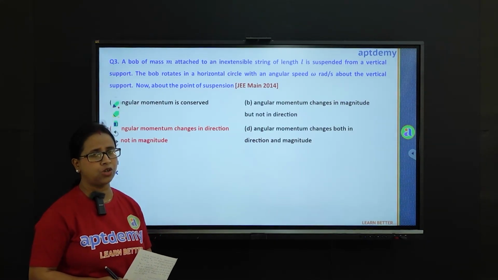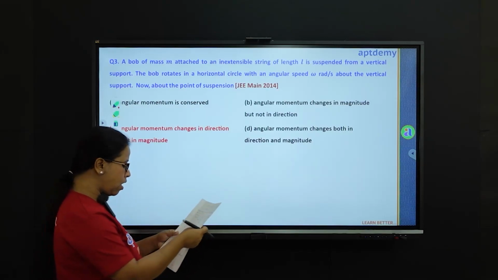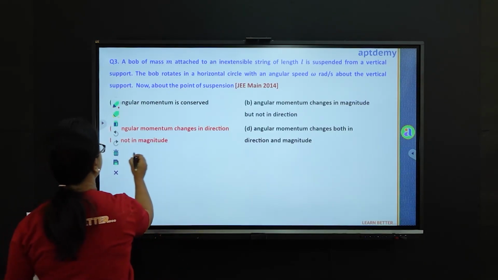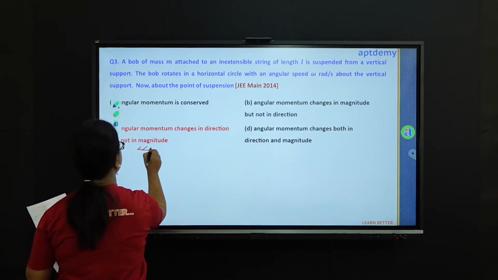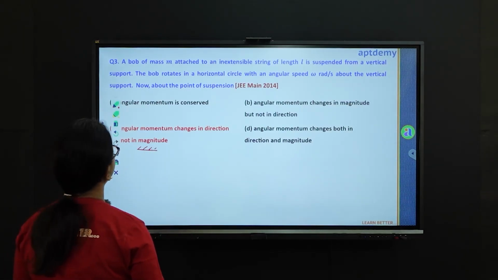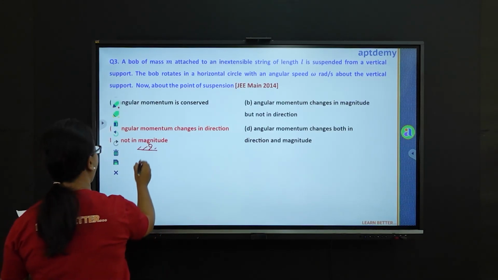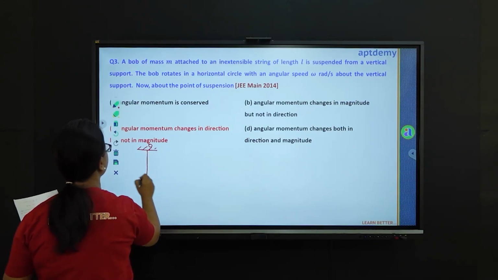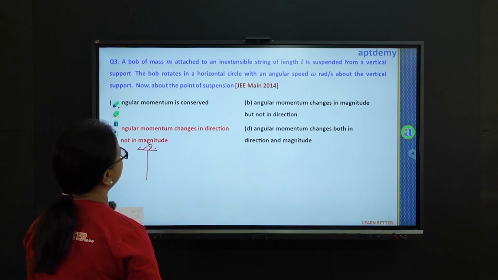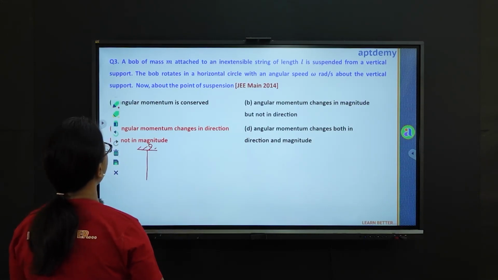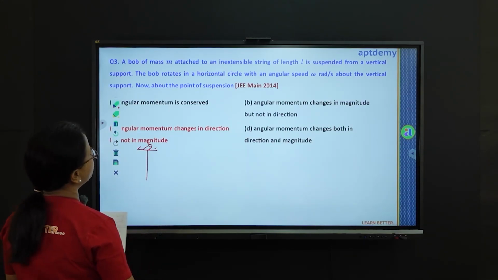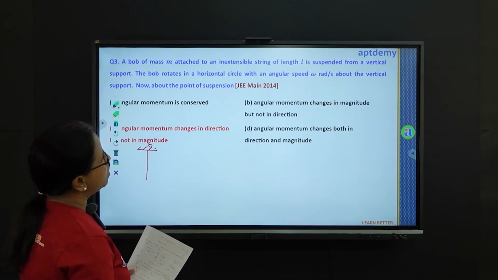So let us try to visualize the entire problem with diagrams. There is a fixed support, a vertical support in fact, let's name that as O. We have a pendulum hanging from this particular point O, the pendulum bob, and the bob of mass m is attached to an inextensible string.